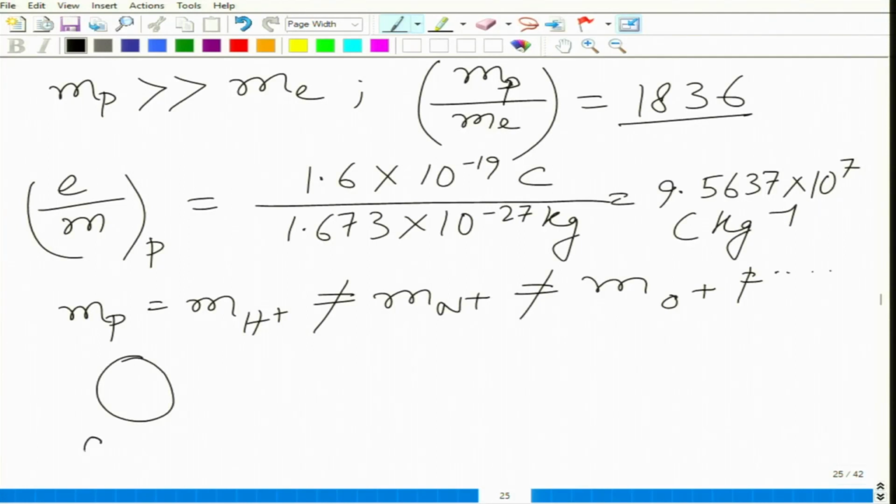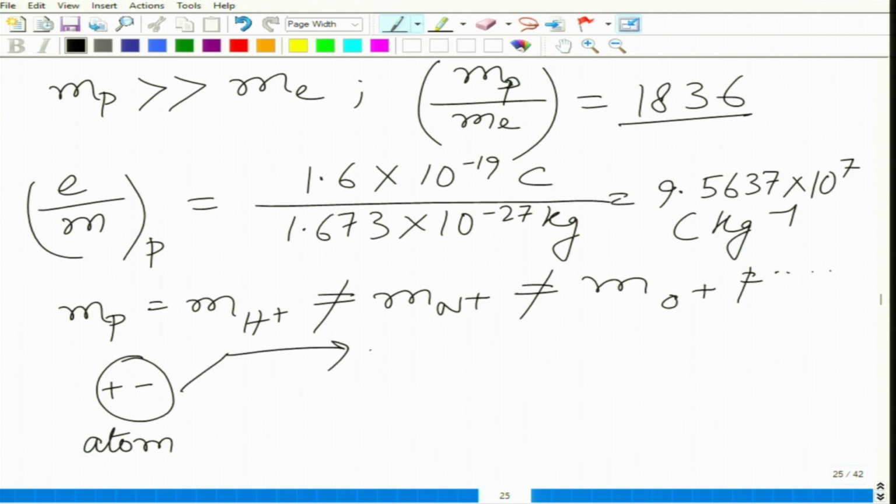What was Thomson's plum pudding model? Before that, Dalton said in Dalton's atomic theory that an atom is a neutral, indivisible particle, which was the smallest particle of matter. But later on, when the electrons and protons were discovered, the structure of the atom had to be something like this. If this is one atom, it should have a positive part and a negative part.